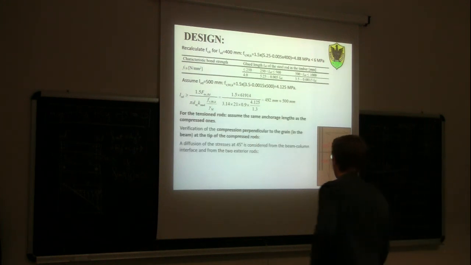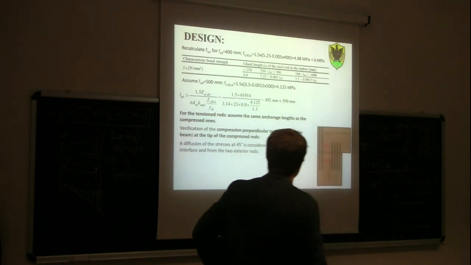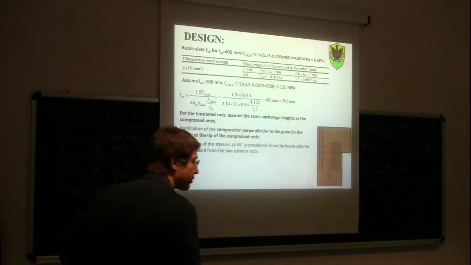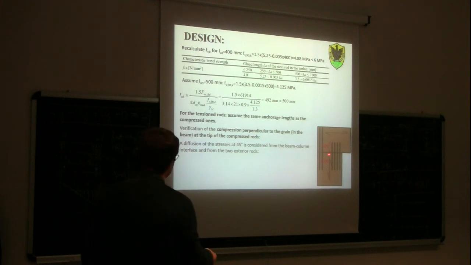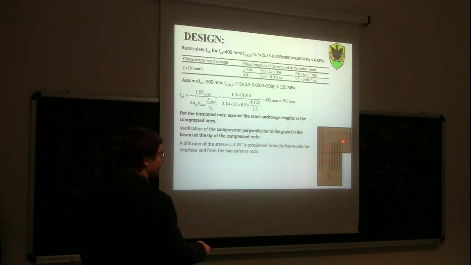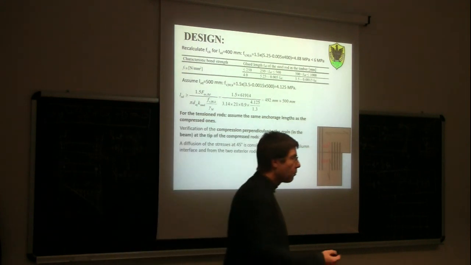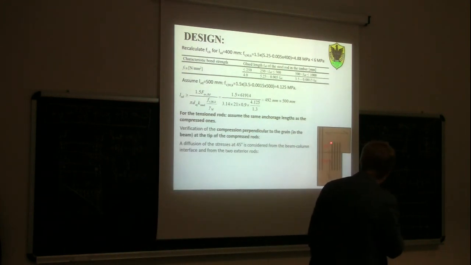Then what we are still to do, as you can see, lots of verification, is to check the compression perpendicular to the grain in the beam at this level, so at the tip of the compressed rod. So what may happen is that we may have a concentration of compressive stresses at the tips of this compressed rod.